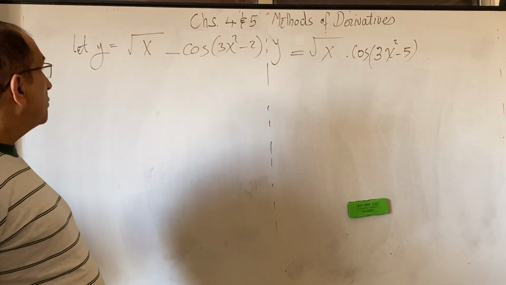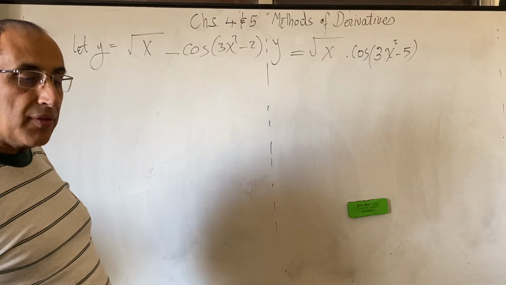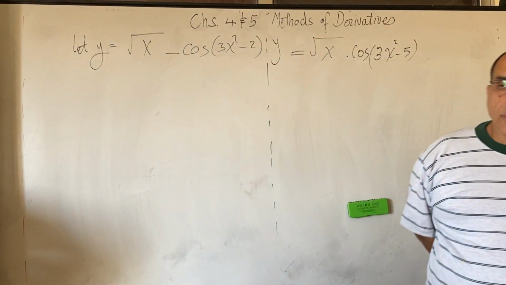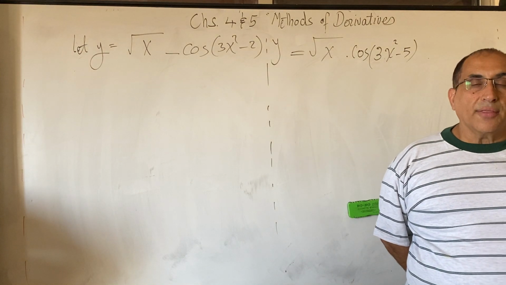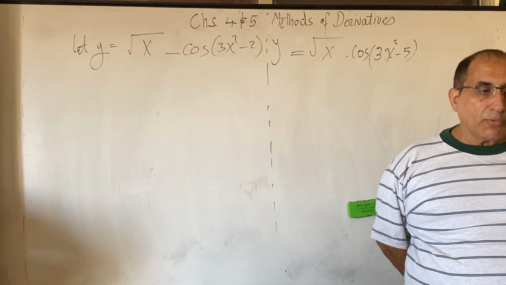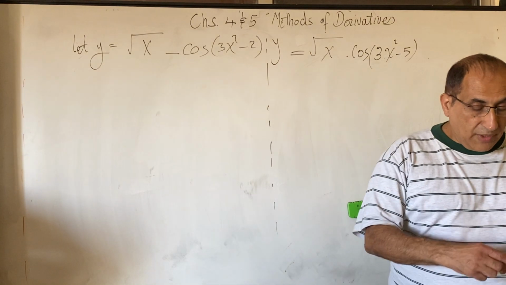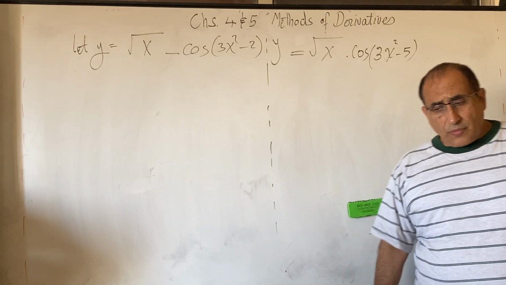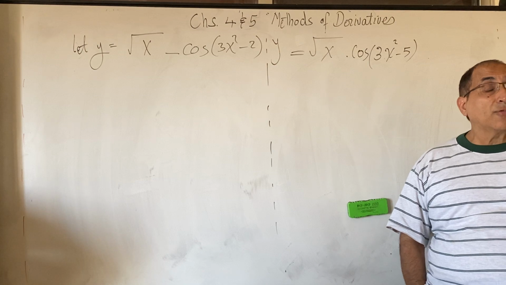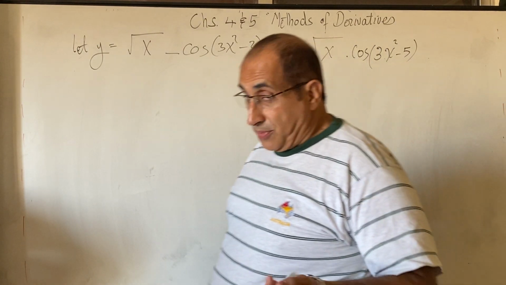Today we'll talk about chapter 4 and chapter 5. I hope you've seen chapter 3, and I hope you have seen the class discussion using the presentation whiteboard. Now, in chapter 2, we did limits and how to find derivatives by using first principles.